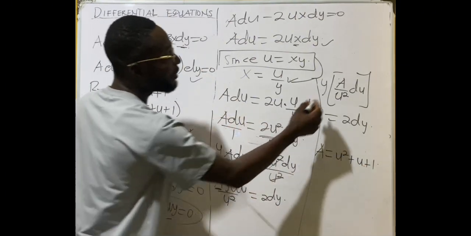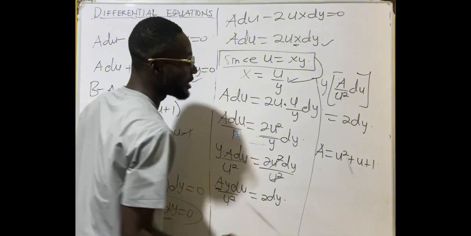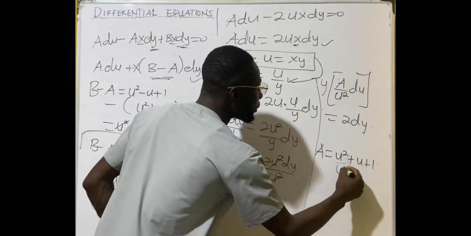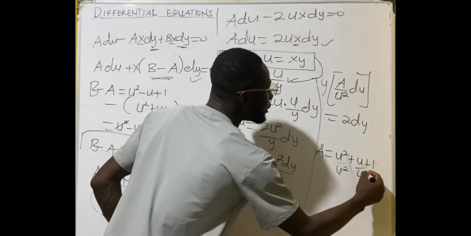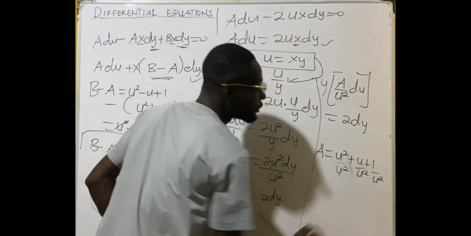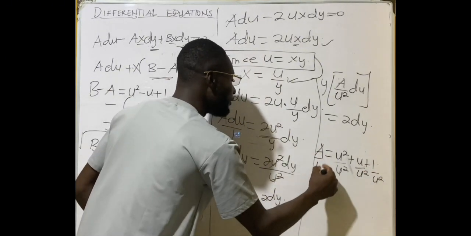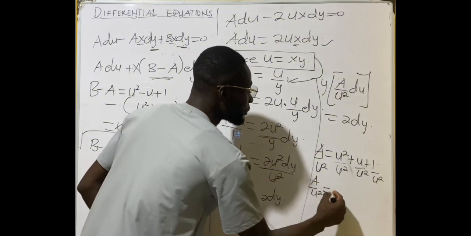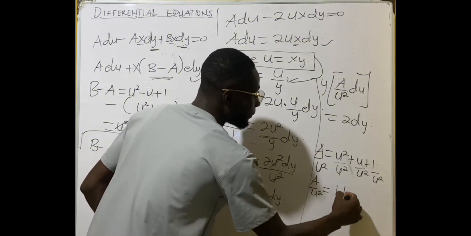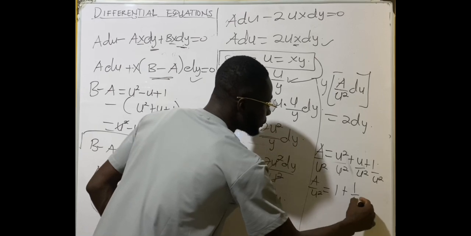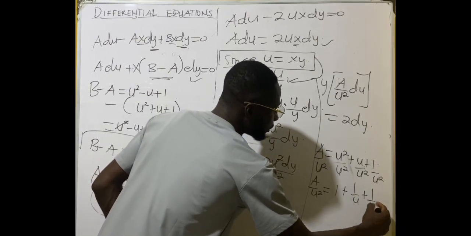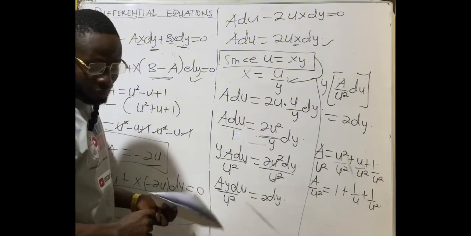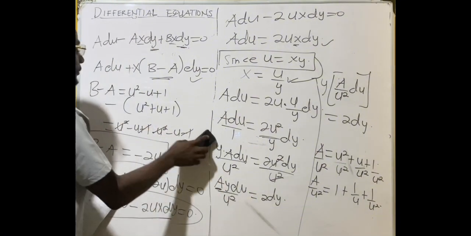So if we have a over u squared, then that means that we divide here by u squared, divide here by u squared, divide here by u squared. So we have a over u squared to be equal to 1 plus 1 over u plus 1 over u squared, right?